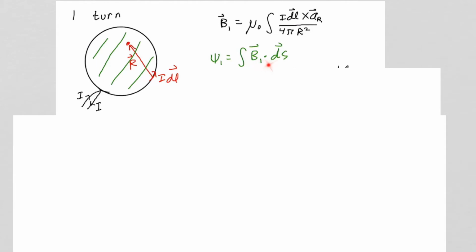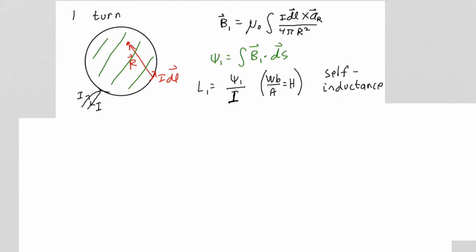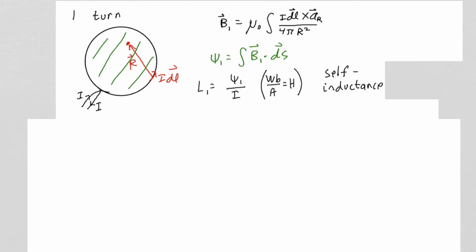If we integrate B1 dot dS over the surface whose perimeter is defined by our coil, we'll get the total magnetic flux coming from this one-turn coil. We'll call that psi sub 1. Then our inductance for this one-turn coil is this calculated magnetic flux divided by the current that's generating the flux. Self-inductance refers to the inductance when we have just one coil, but we'll usually just refer to this as inductance instead of saying self-inductance.